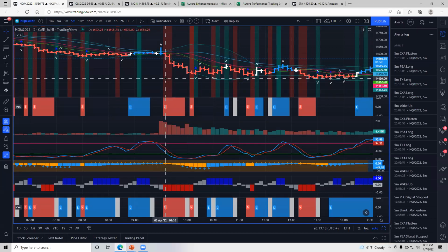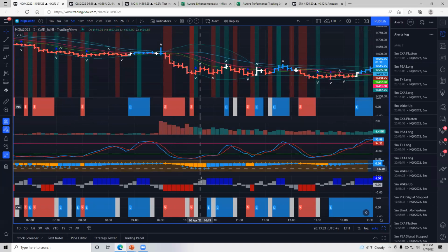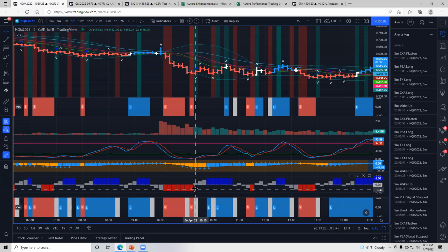That is an example of a 4A entry. And that bar opened at 602 and a quarter. And the signal is no longer valid here at 10:10 because the PFO went away.